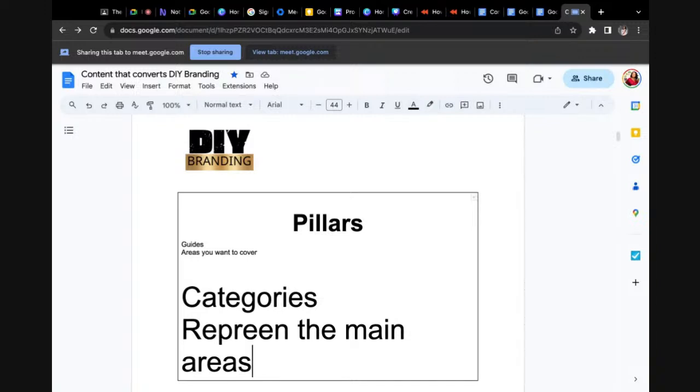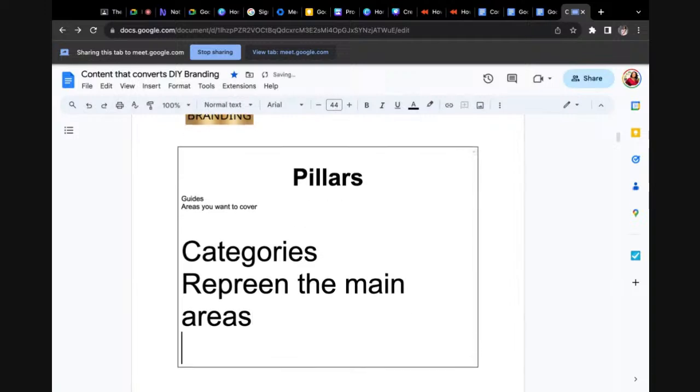So they are part of your content strategy. They are not your content strategy. That's different. Another way we can describe content pillars is the foundation upon which we build our content strategy. And this foundation is determined by something.